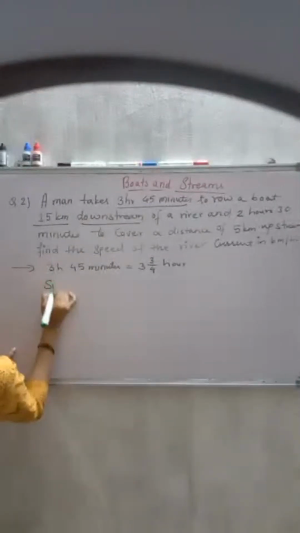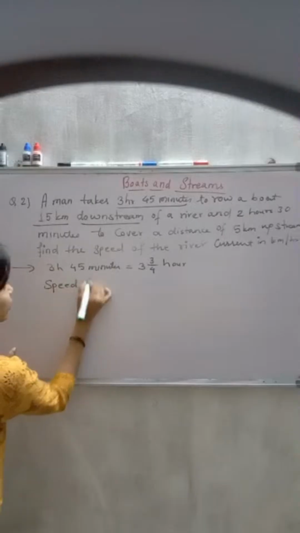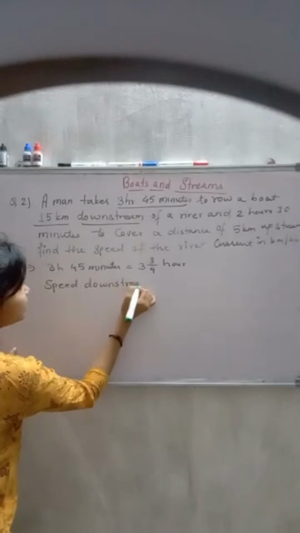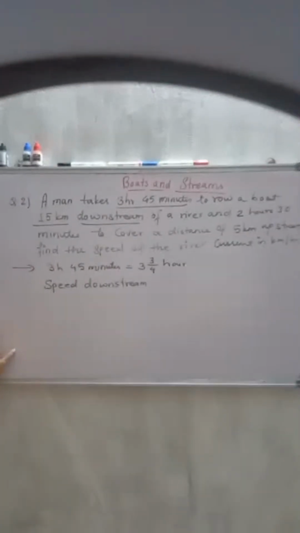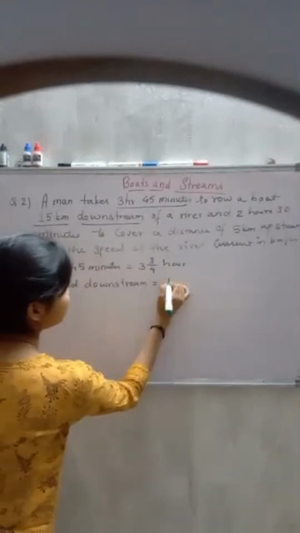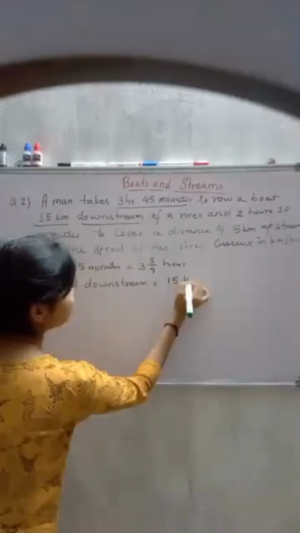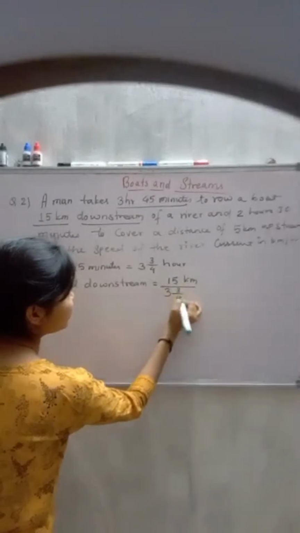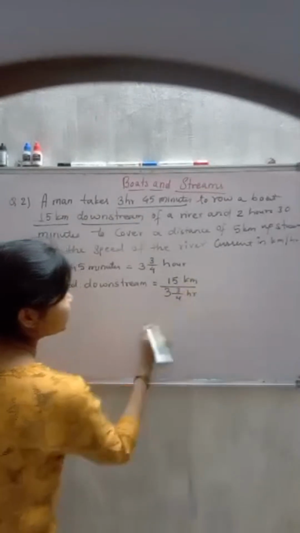So we can calculate speed downstream. We know the basic formula of speed. Speed is always equal to distance upon time. So we have distance as 15 kilometer and time is 3 by 4 of an hour.